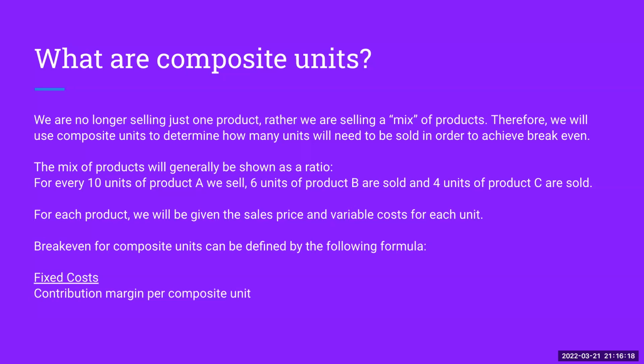For every 10 units of product A we sell, we're going to sell 6 units of product B and 4 units of product C. For each product, you're given the sales price and the variable cost. The break even for composite units is defined by the following formula: our fixed cost divided by the contribution margin per composite unit.